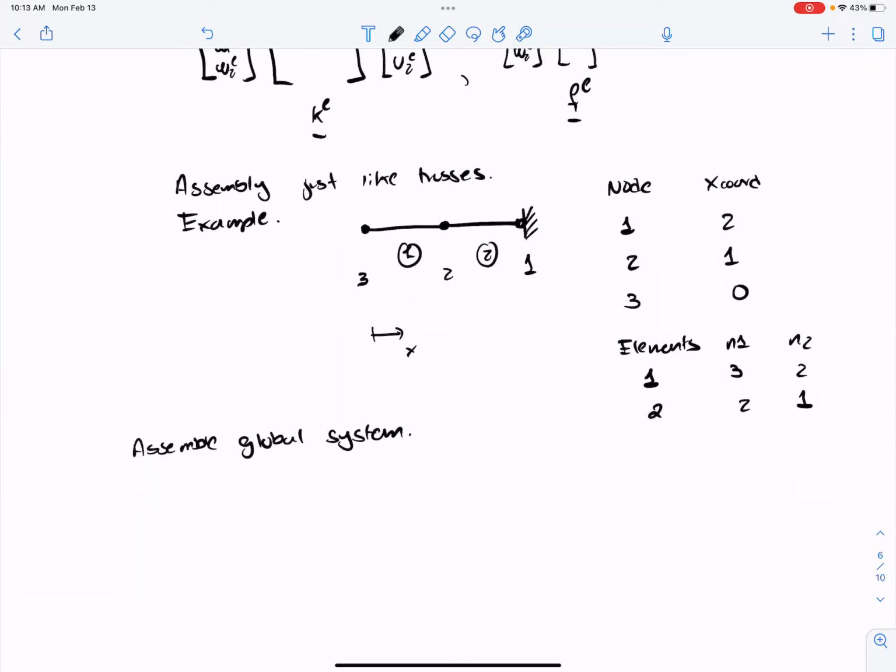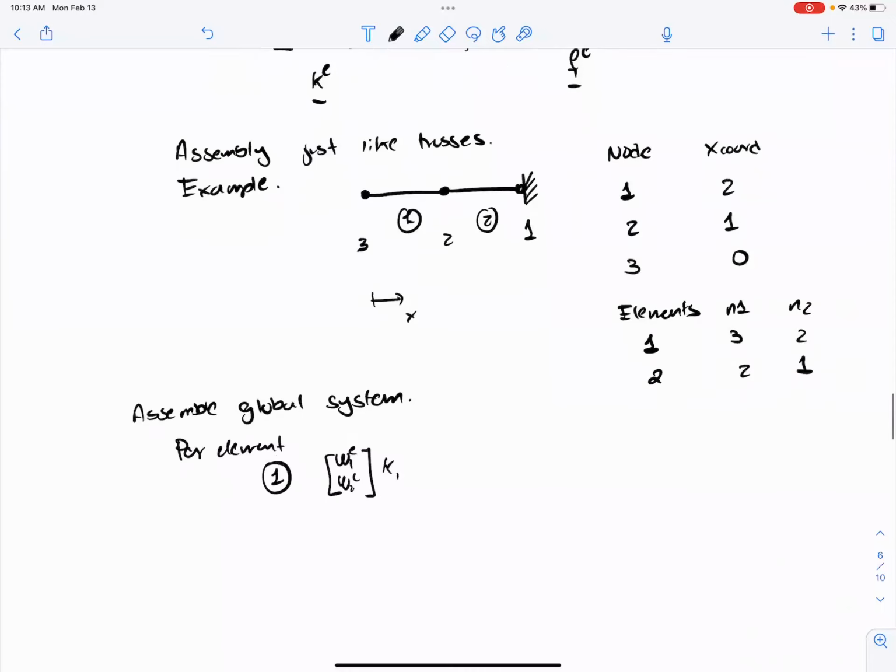So for a given element, let's say element 1, I will have W1 of that element, W2 of that element. Then the K, I'm just going to use the fact that I know that the stiffness matrix for the linear is just 1 minus 1. K of 1. So this is AE over L.